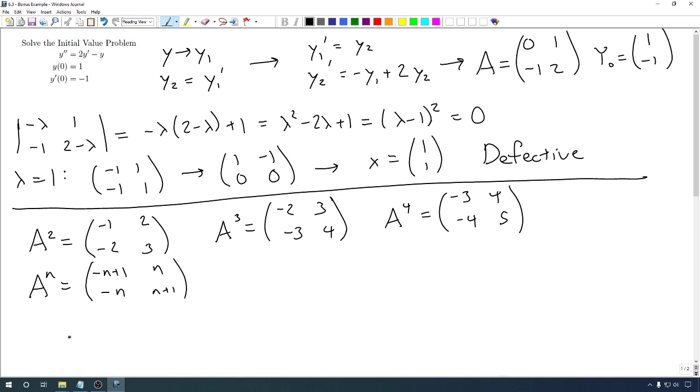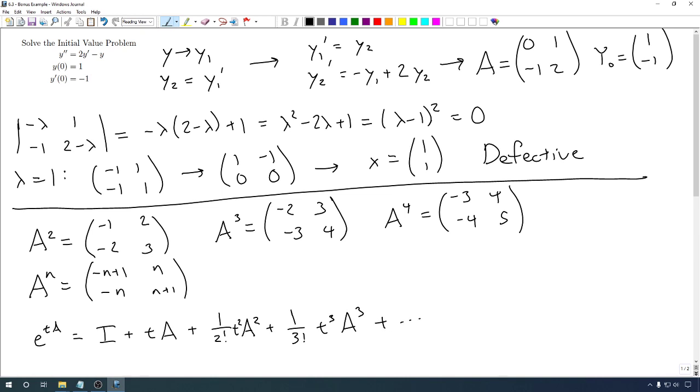Then we have to go and take these and put them into our formula. We have e to the tA is I plus tA plus 1 over 2 factorial t squared A squared, plus 1 over 3 factorial t cubed A cubed, and so on and so forth.